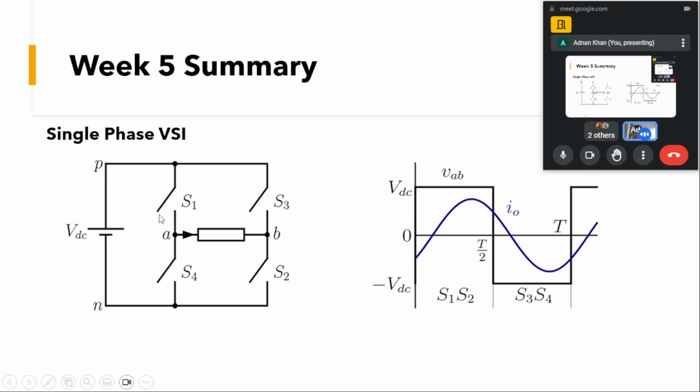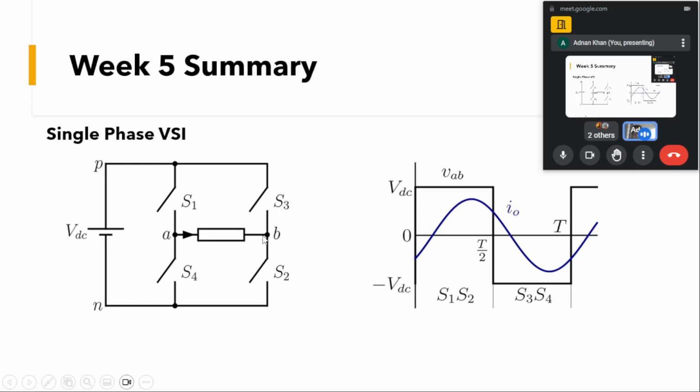Now what is happening when we are turning off S1 and S2 and turning on S3 and S4? B is being connected to the positive rail of the DC bus and A is being connected to the negative rail of the DC bus.